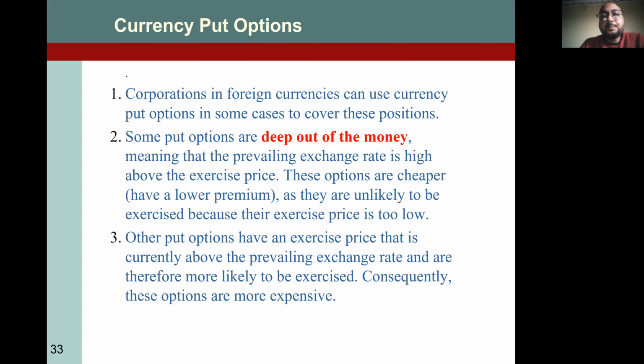Now, corporations in foreign currencies use currency put options in some cases to cover these positions. Some put options are deep out of money. What does it mean? What is a put option? Right to sell.